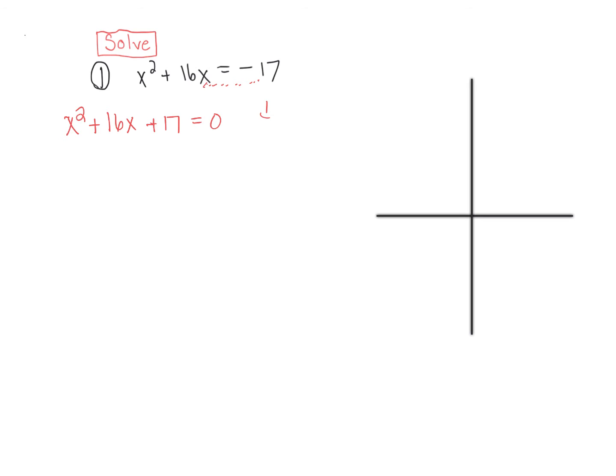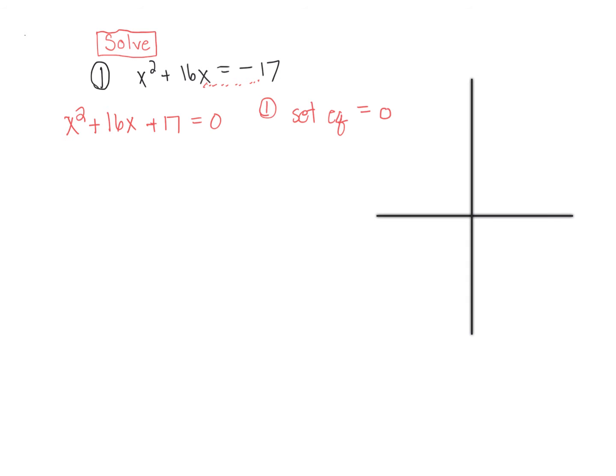So my first step here is going to be to set the equation equal to 0, and we want to do so keeping the squared term positive. So I knew I wanted to move the 17 this way as opposed to moving these items this way.